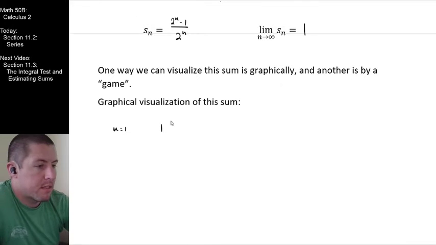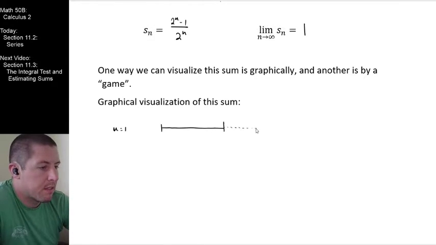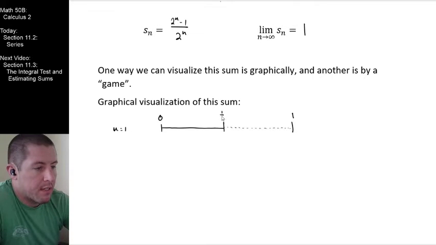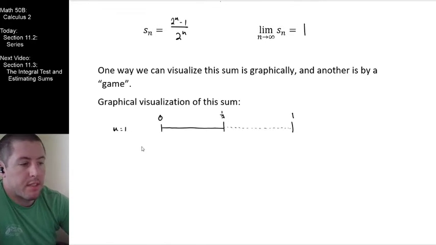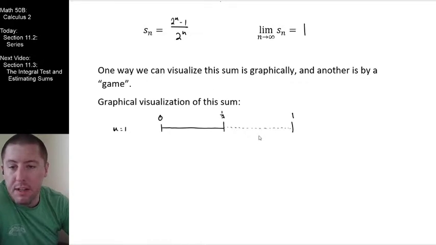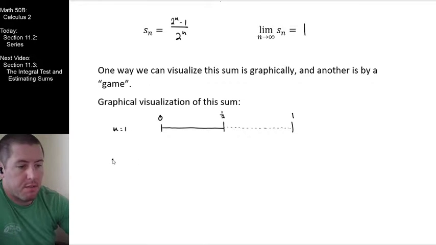If I think that this is going to sum up to 1, then what I'm seeing here is that we're starting at 0, we think we're getting to 1, and when n is 1, our sum took us to 1/2. So my solid line here is what we got. The dashed line here is what I assume we're going to fill in by allowing n to tend off towards infinity.